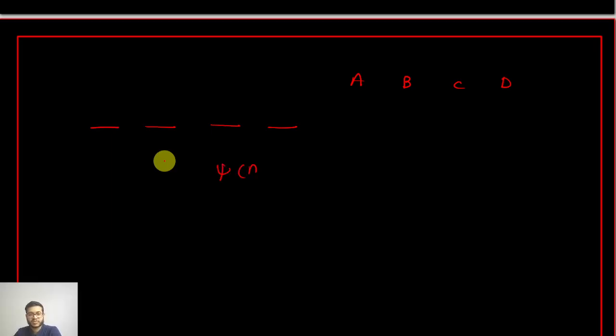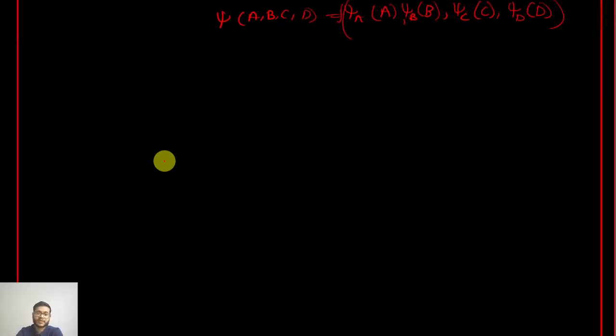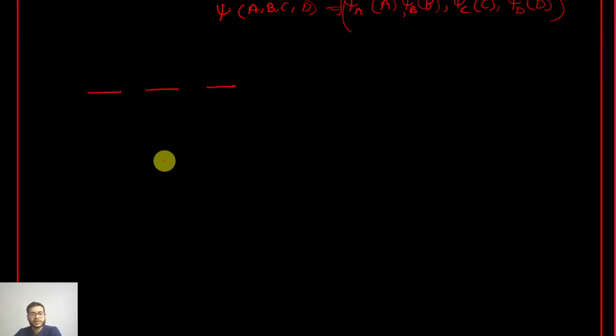So psi of A, B, C, D will be psi_A of A, psi_B of B, and so on, some function of all of these wave functions. But if A, B, C, D are indistinguishable and we have four states, then they are just dots. We can't even extract the information about which state each particle occupies.